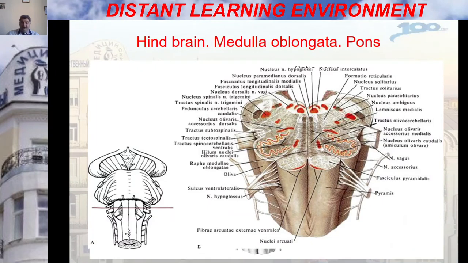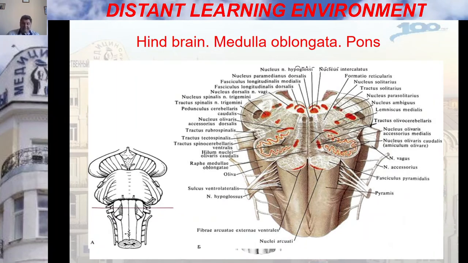The reticular formation, you may see this part here, is formed of interlaced nerve fibers and nerve cells lying between them. The reticular formation of the medulla oblongata is connected with the spinal cord. A bundle of descending fibers, the reticulospinal tract, passes from it to the spinal cord.